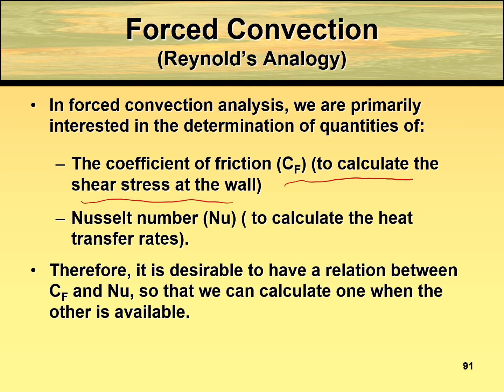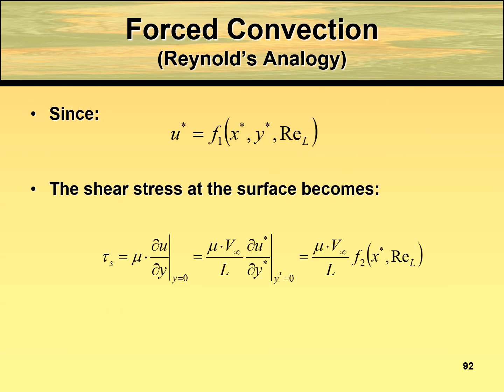Therefore, it is desirable to have a relation between the friction coefficient and the Nusselt number. So then we can calculate one when the other is available. So by doing the experimentation work using the Reynolds analogy, we can define the Nusselt number by determining the friction coefficients.